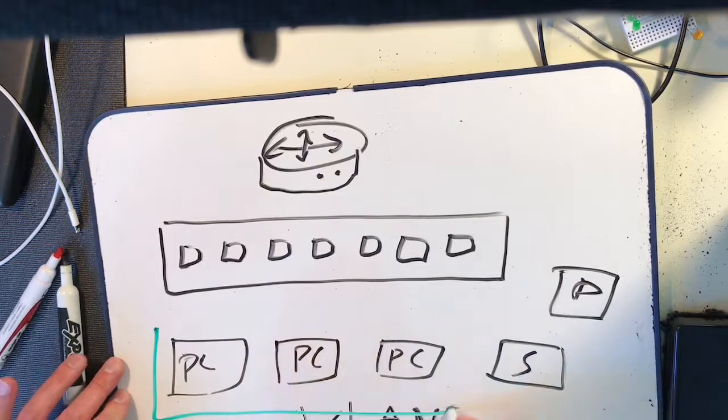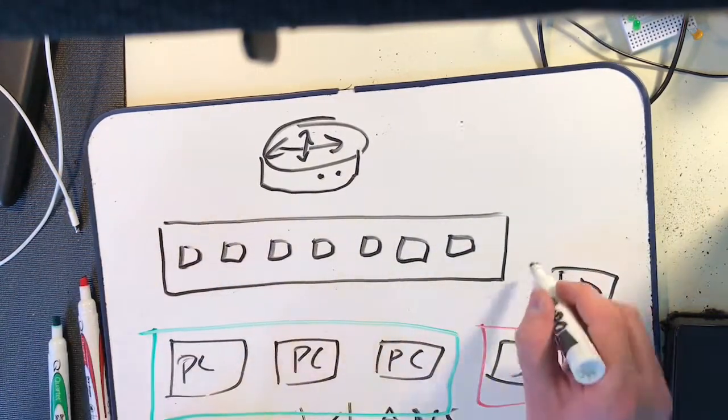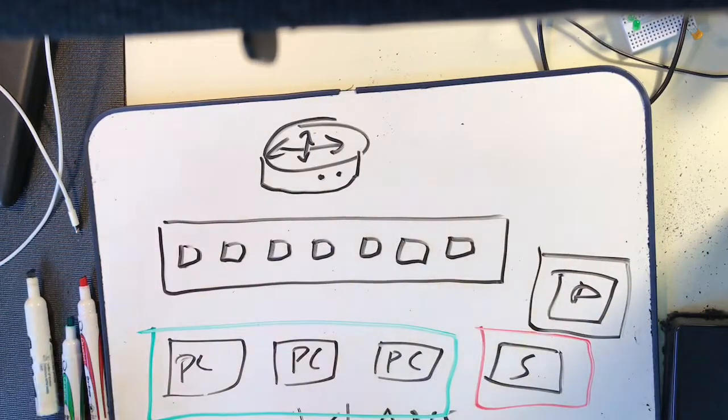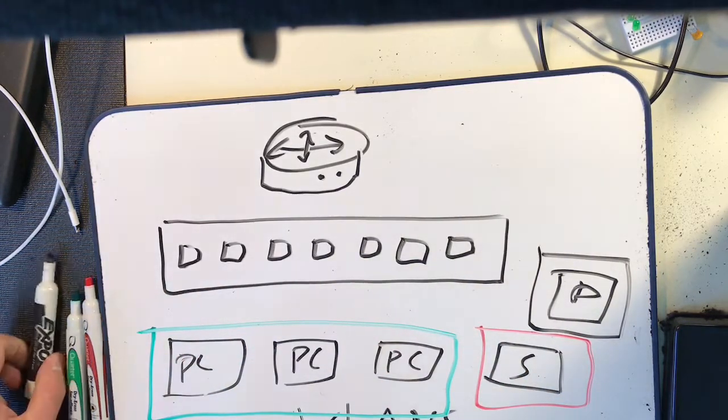Same as before, they need to be on their own networks. But now we're sort of at the beginning of where we begin with all this, because we have one switch. We're trying to add all these together. We know that's not going to work.